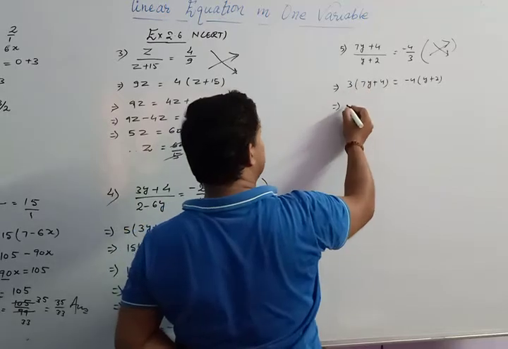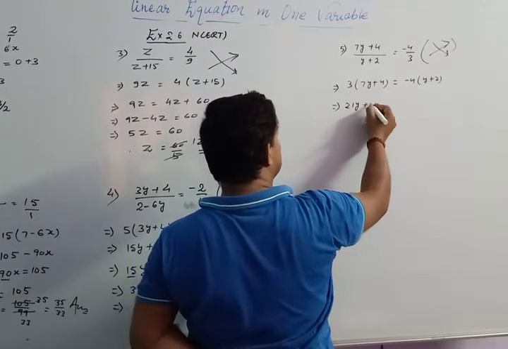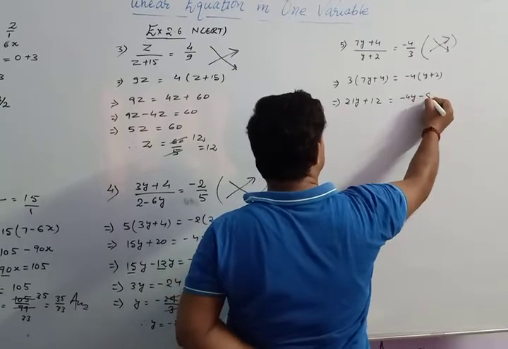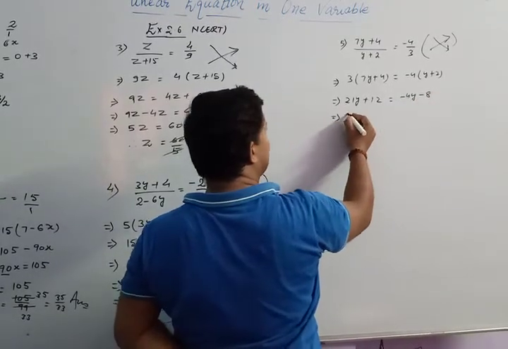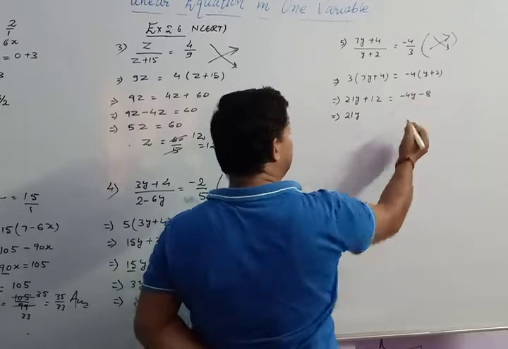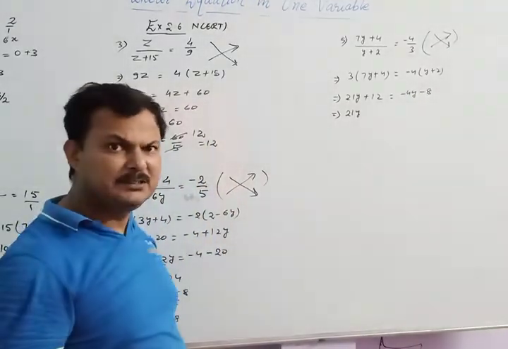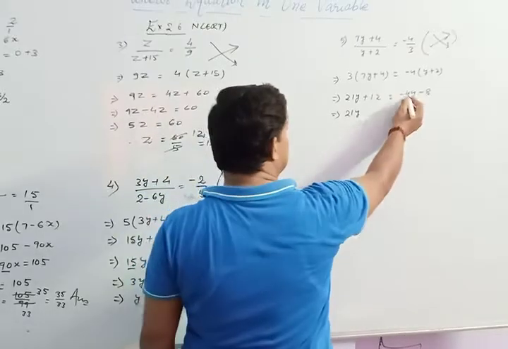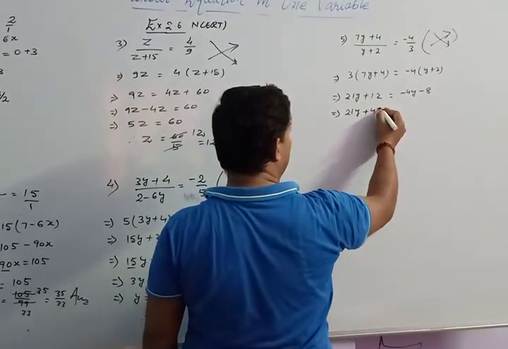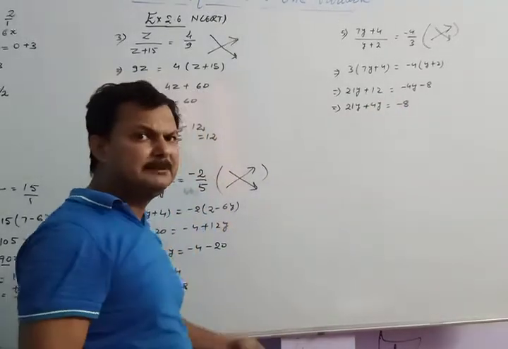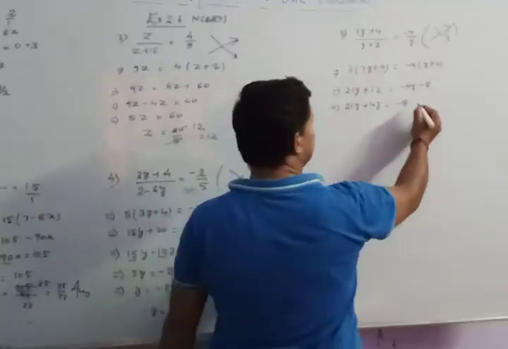Now 3 into 7, 21y, 3 4s are 12, minus 4y, minus 8. See, 21y and here minus 4y are like terms, to be brought together. For that you have to do transposition. So this will be plus 4y. Here minus 8 is left, here 12 is plus. If you transpose, it becomes minus.